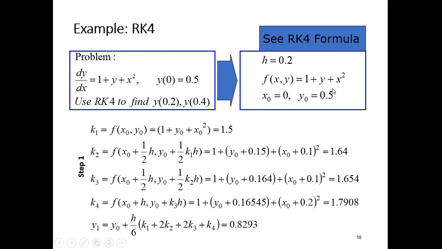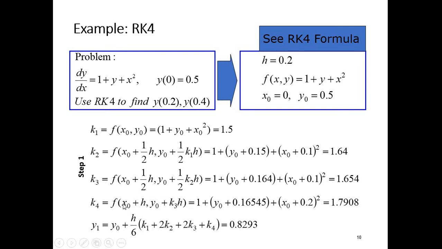And then for this x coordinate, we substitute x naught plus half of h, which is 0.1, which is equal to 1.654. And then for k4, it is f of x.